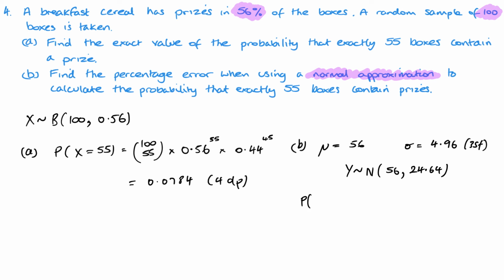Now the probability that X equals 55 is going to be approximately equal to the probability that it is between 54.5 and 55.5. And then you know what to do from here, but I'll just go straight ahead with the answer.